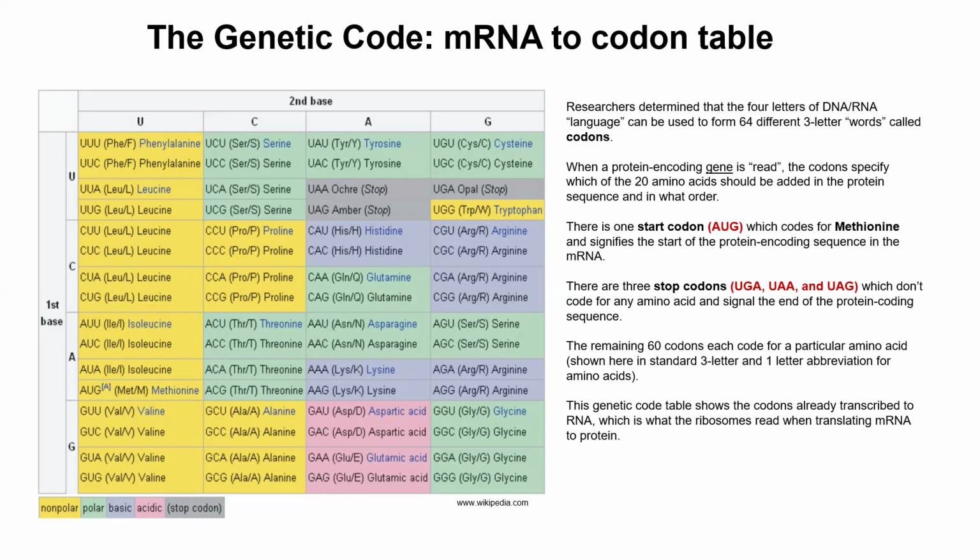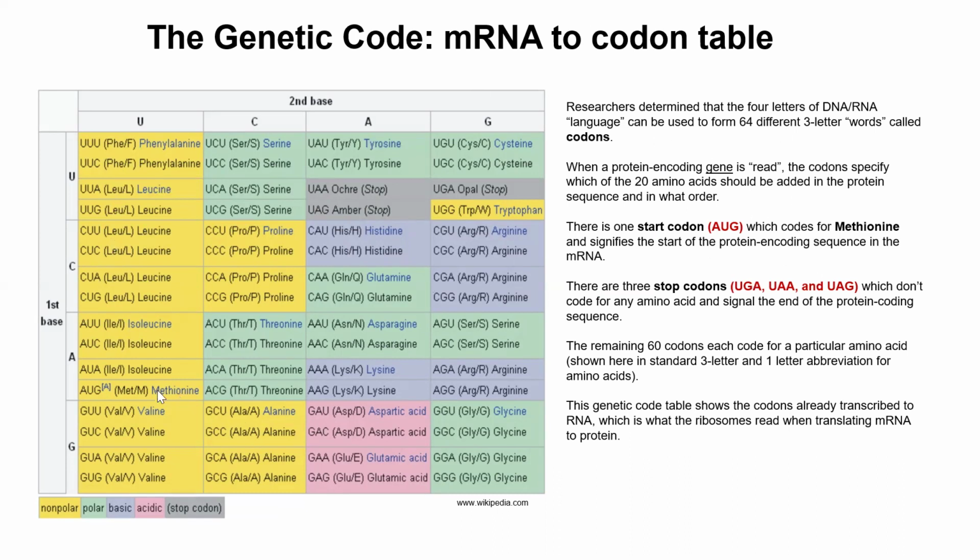There are 3-letter words in mRNA language. And when the protein encoding gene is read, the codons code for only 20 amino acids. It determines what is added in the protein sequence and in what order.